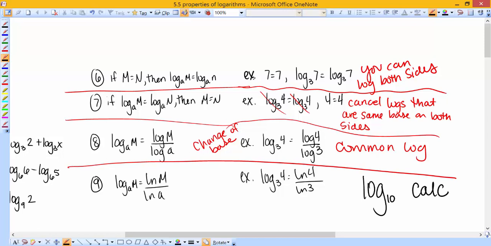This is the only time that you can use a calculator. So please be careful. Please, please, please. And then number 9 is really just showing you that log and natural log are essentially the same thing. They do represent different values, but their properties work the same way.